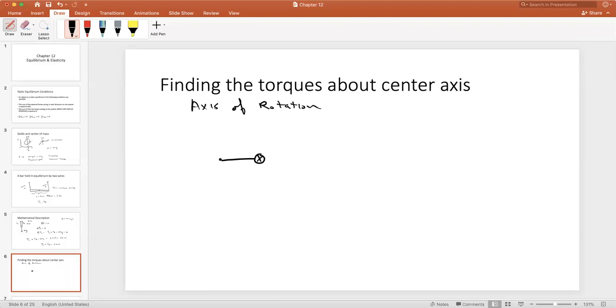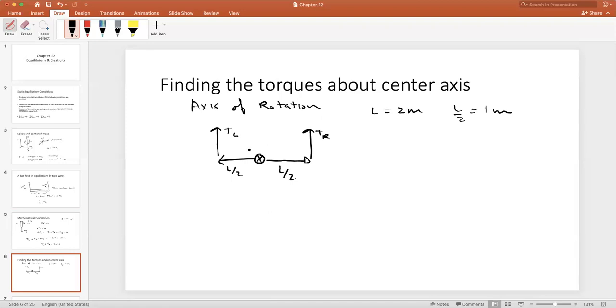At a distance, L over 2, we have our tension on the left. And at a distance, L over 2, we have our tension to the right. Don't assign that to be negative L over 2. It's just L over 2. It's the distance from the axis of rotation. Remember that our L was 2 meters, so L over 2 is 1 meter.